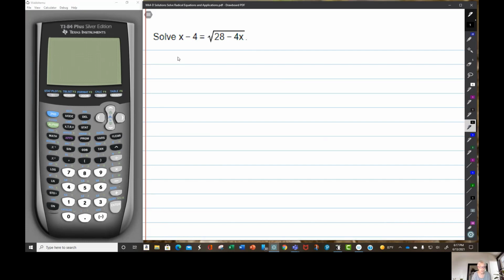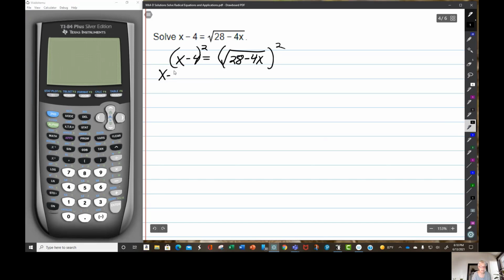Here's another one. x minus 4 equals the square root of 28 minus 4x. My radical is already isolated, so I'll just square both sides of this equation.